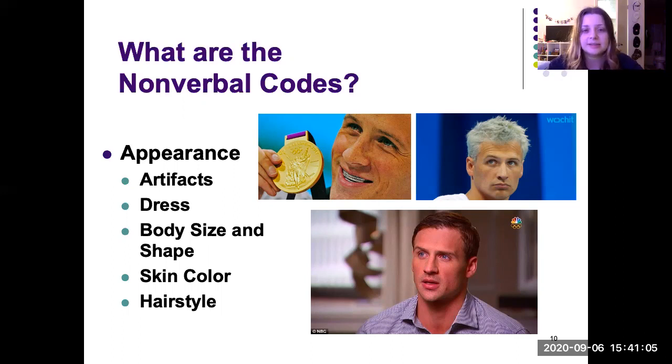So the images on the screen are of an Olympic player. I can't remember if he was in a scandal for sex or drugs, but I don't remember the specifics.